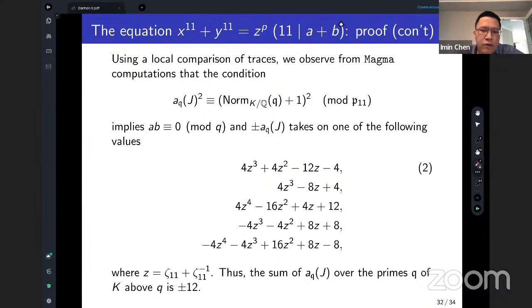These are the full conjugates over Q(zeta 11)+. And using the fact that J is defined over Q, if I conjugate this trace, it's the same as the trace for a conjugated prime. What that means is that the sum of all of these traces over all the primes of K is actually plus or minus 12.